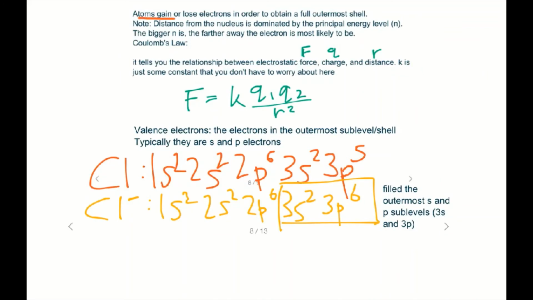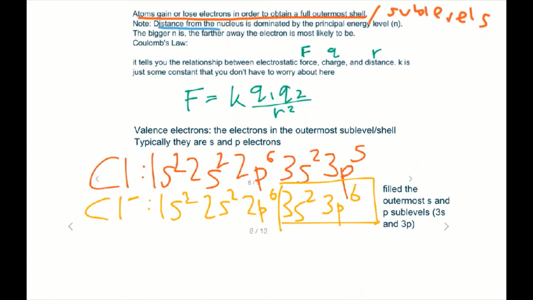Atoms gain or lose electrons in order to obtain full outermost shells or sublevels. And they do this to become stable. So you might not get this at first, and I'll show you later how it works. But first, let's talk about something else. Let's take a look at this note.